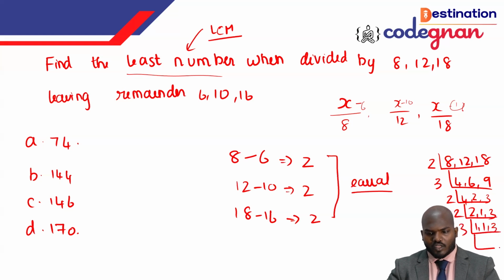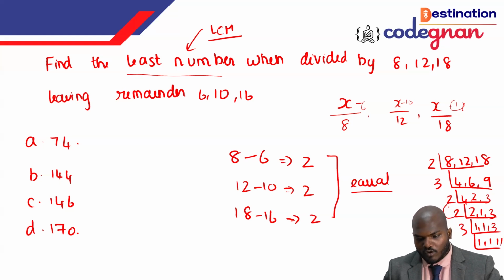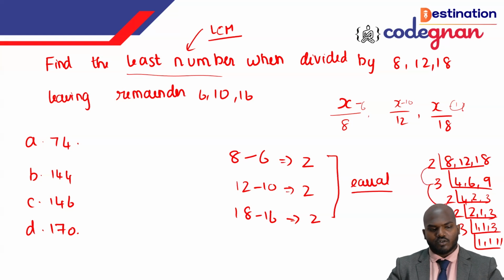So 2 twos are 4, 4 threes are 12, 12 threes are 36, and 36 times 2 is equal to 72. So 72 is the value we're getting.